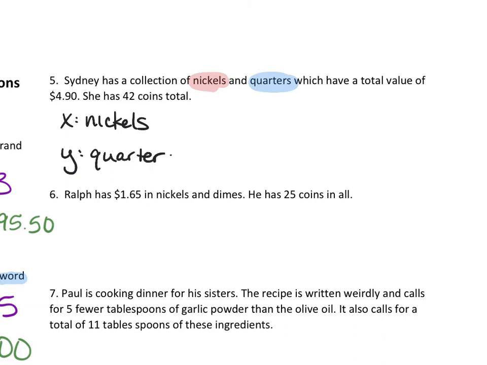If we were to look at the equation and do what we were doing all day, we'd say, wait a minute, there are only two numbers, and 42 is the total number of coins, so we can add up the coins, x plus y, and we should have 42 total, but I don't see another number with a dollar sign to go with the 4.90.